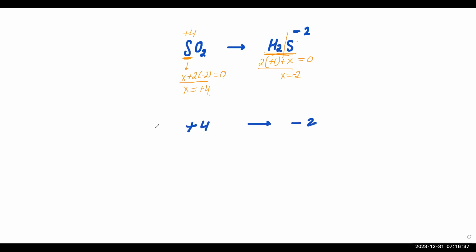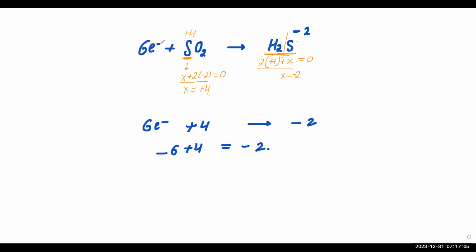So how many electrons? 6 electrons, isn't it? Minus 6 plus 4 is minus 2. Do some mathematics before you answer anything. Is it clear, children? It is gaining 6 electrons.